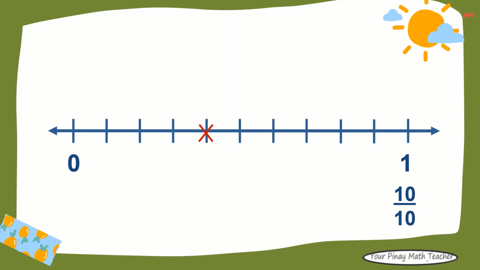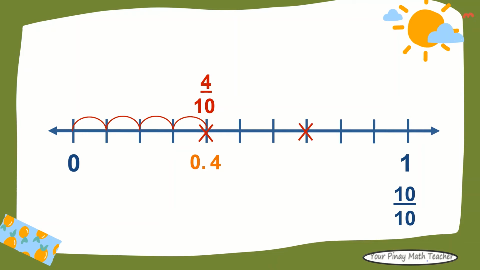Let's count from 0. 1, 2, 3, 4. This point is 4 out of 10. As we all know, 4 tenths is 0.4 in decimal. 0.4 is greater than 0 but less than 1 whole.